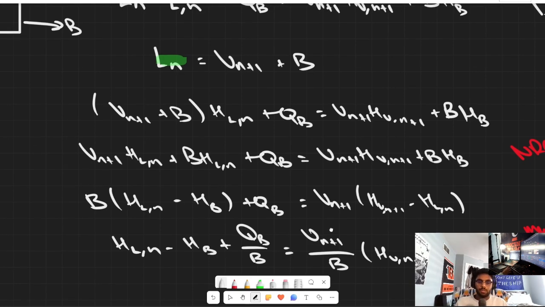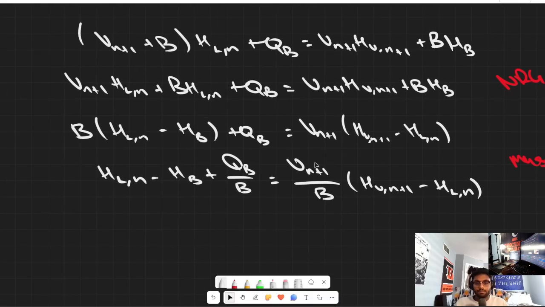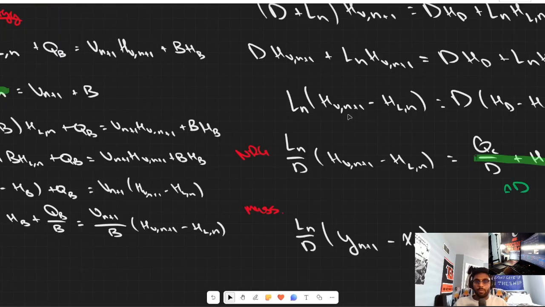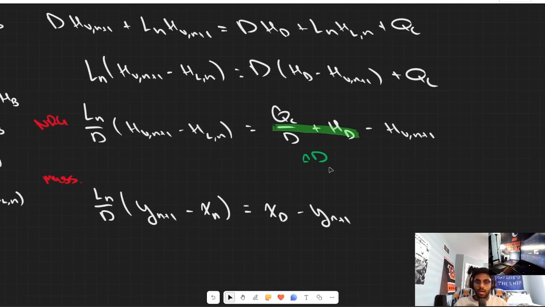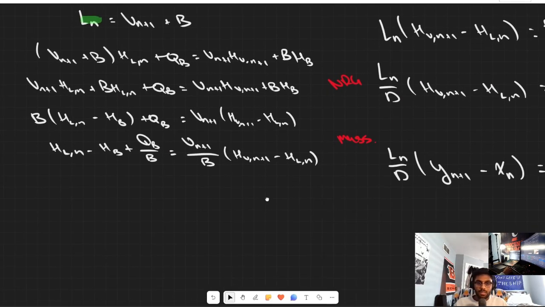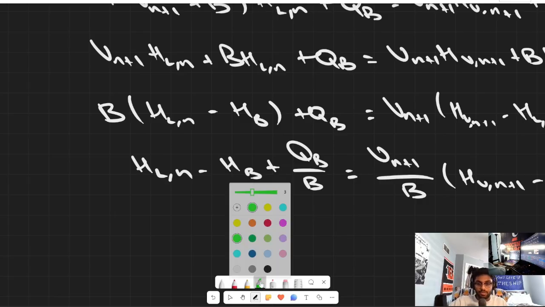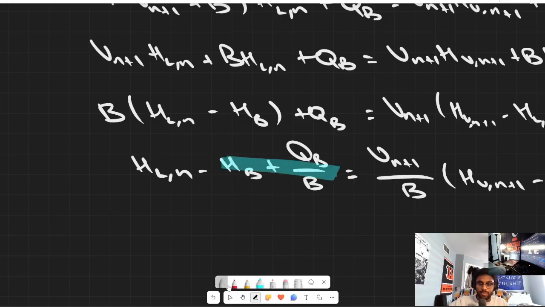All right. So remember when we defined this delta D term, now similarly what we have over here is actually our delta B term. So this here is going to be delta B, delta bottoms.